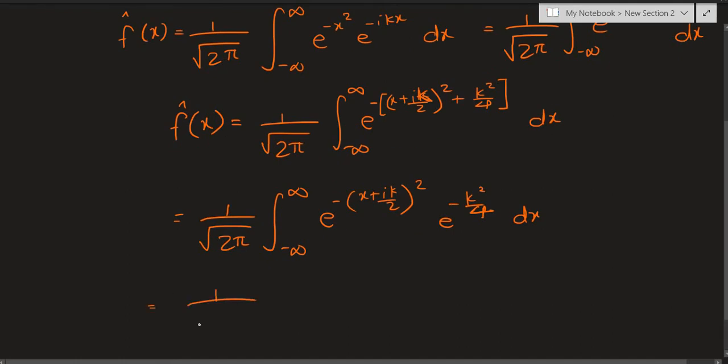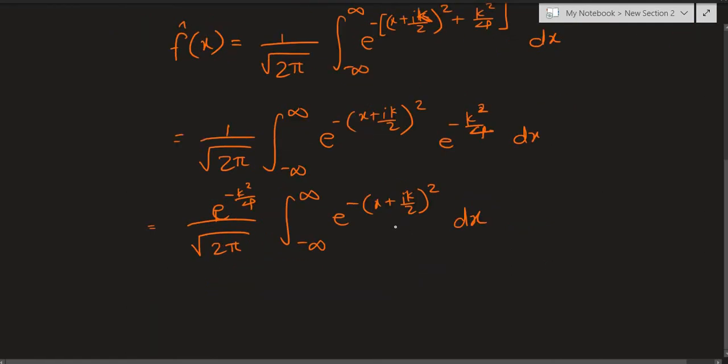So now notice that this becomes 1 over square root of 2 pi times the integral from negative infinity to positive infinity of, well, e raised to negative k squared by 4 is a function of k, it's not even a function of x. So we can take that outside the integral. We have e raised to negative k squared by 4, and we have e raised to negative x plus ik over 2, the whole thing squared, dx.